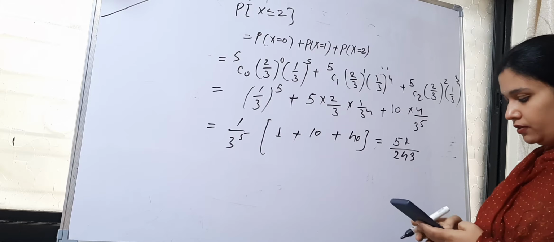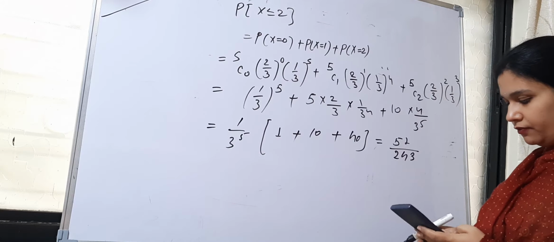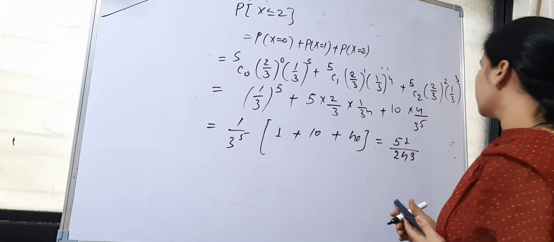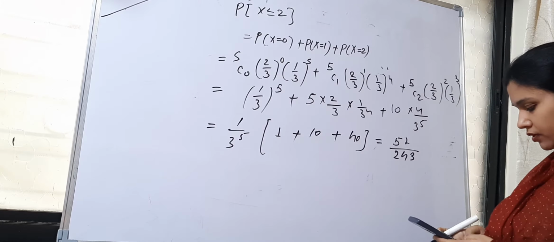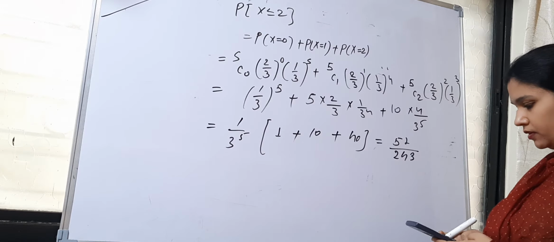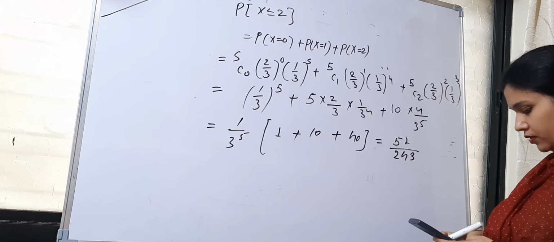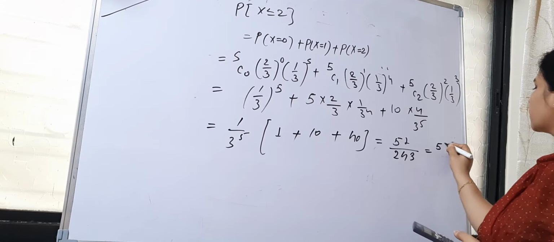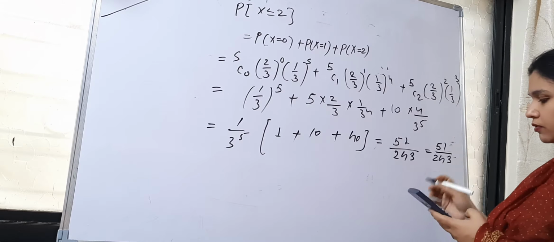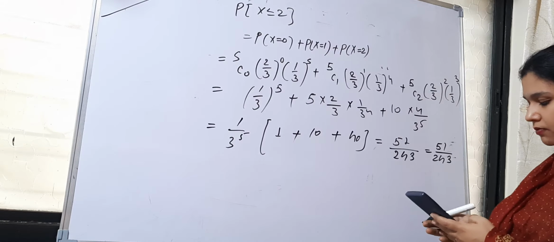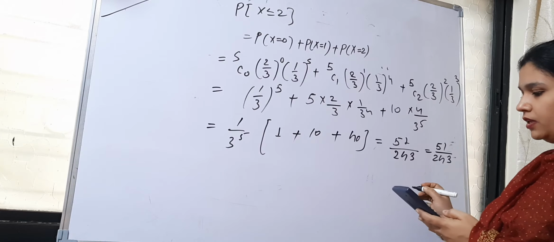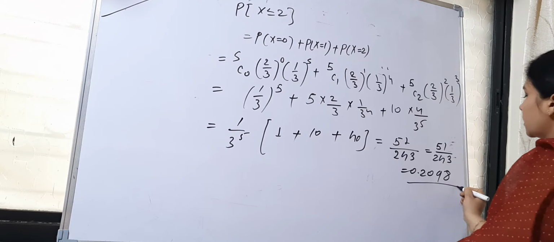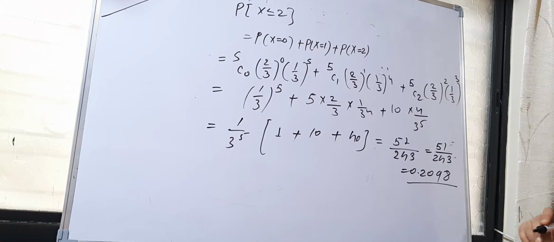And 51 divided by 243, it will be some decimal value, 0.2098, so the approximate answer will be 0.21.